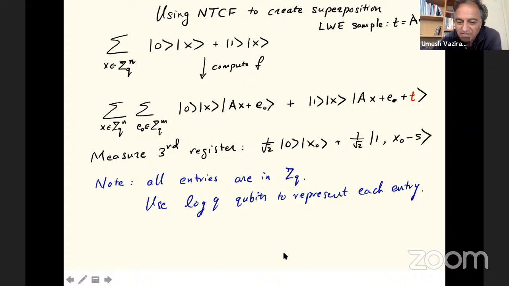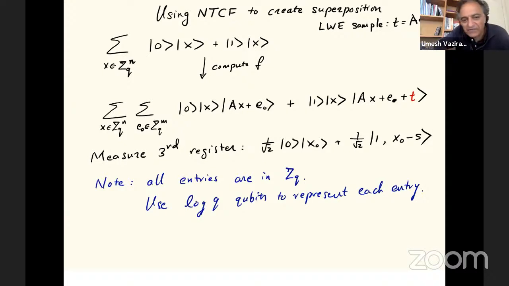And in fact, it can. So we'll start off with a superposition over 0, x plus 1, x, over all possible elements of Z_q to the n.